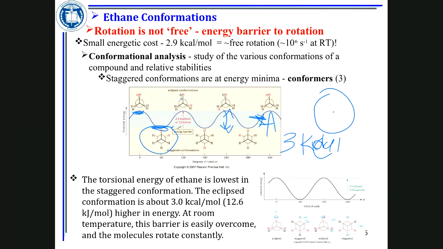To draw the energy diagram, we can see just one minimum. That's the staggered position, and then one maximum energy, which shows the minimum amount of stability, or maximum energy, that would be eclipse. In eclipse, the distance between the hydrogens is the lowest. The internal energy for the molecule is the highest.